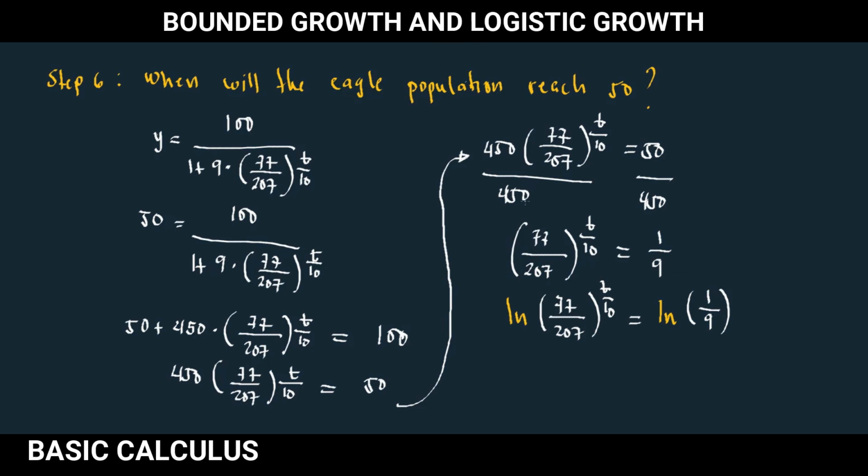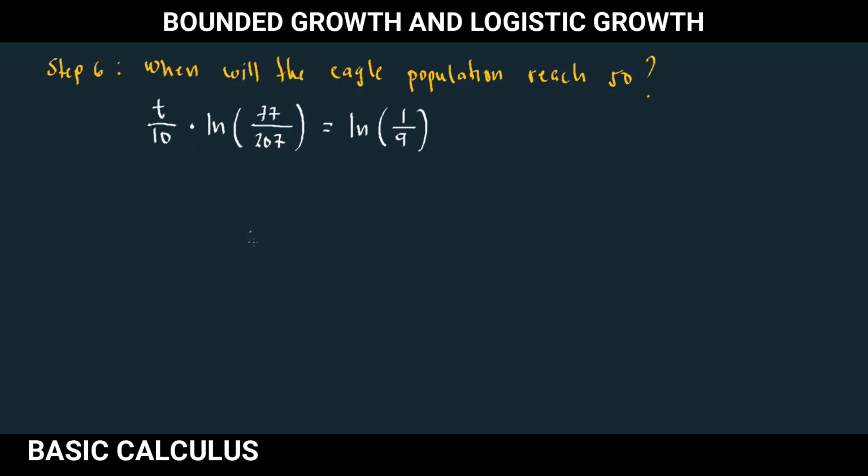So we have t over 10 times ln of 77 over 207 equal to ln of 1 over 9. Let's divide both sides by ln of 77 over 207.